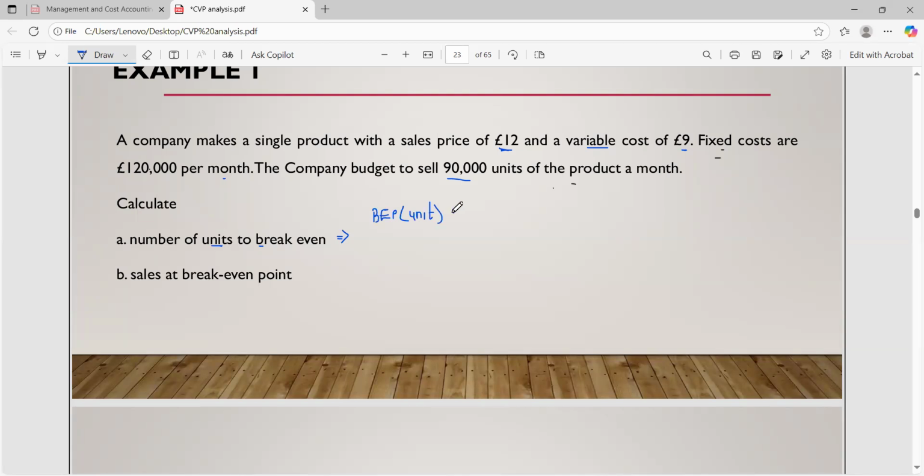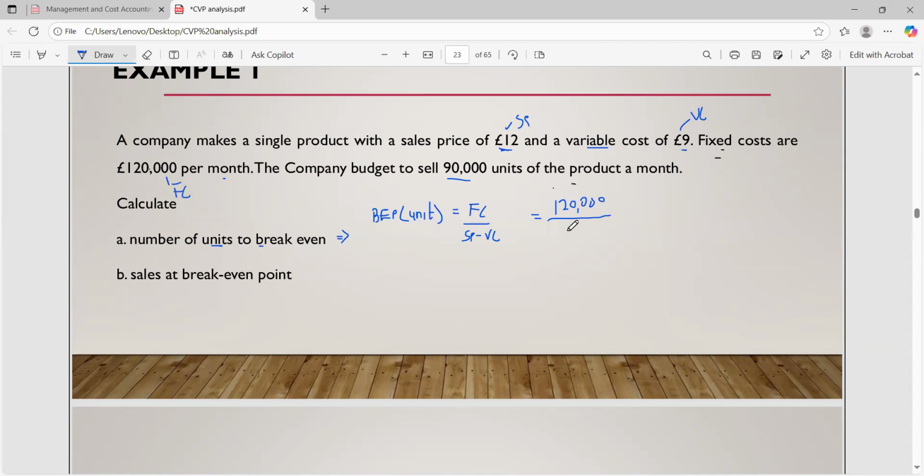Then you write your formula: fixed cost over selling price minus variable cost. You can choose to write contribution so that you determine contribution on the other side. So we have 120,000. I don't have my calculator with me, so if you do, kindly do that for me. This is the selling price, this is the variable cost, and this is the fixed cost.